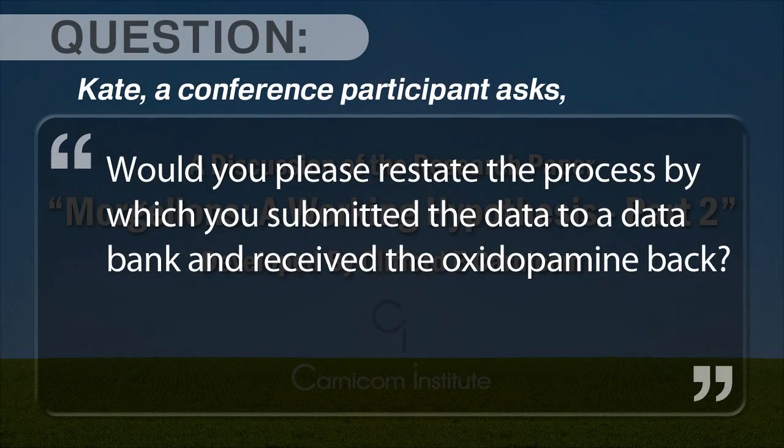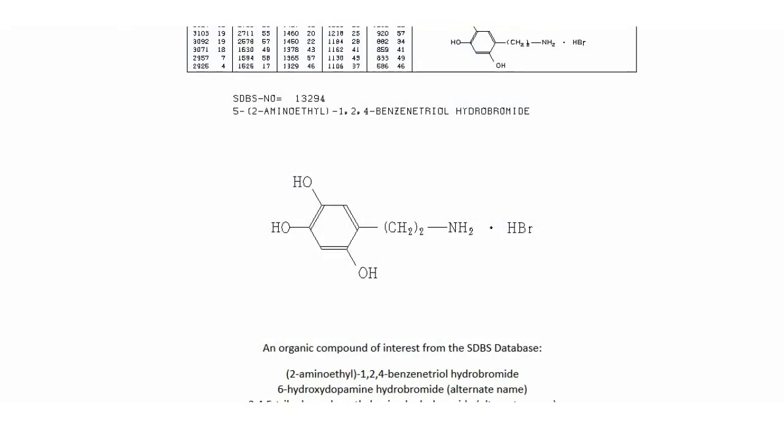Kate asks, would you please restate the process by which you submitted the data to a databank and received the oxydopamine back? Yeah, I sent the raw data from my Spectrum acquired, Kate, and the raw data here consists of the absorption peaks, the actual troughs of the graph that we showed.